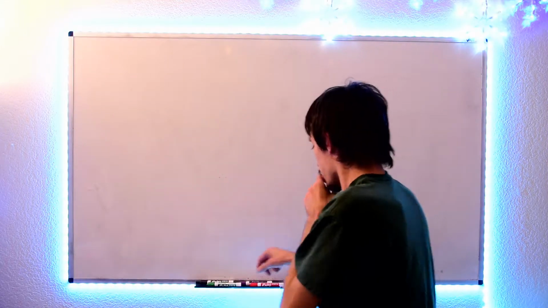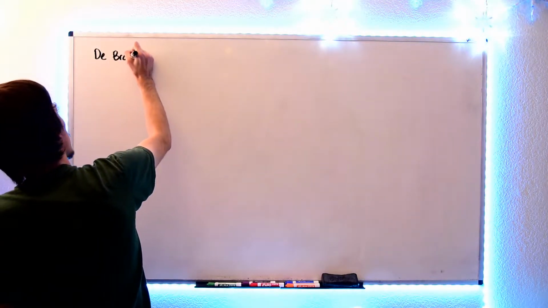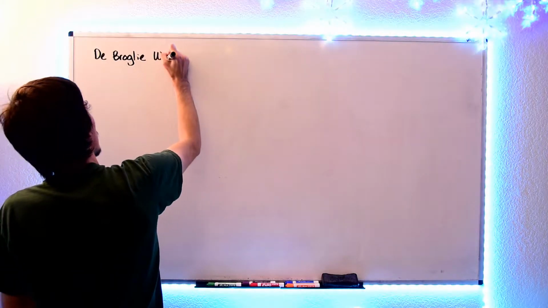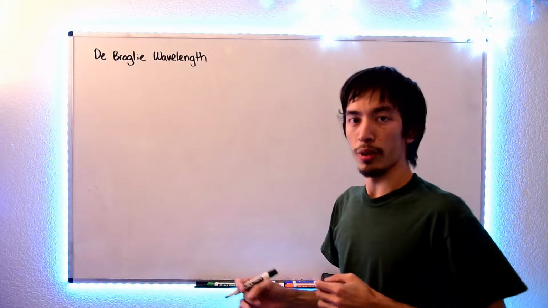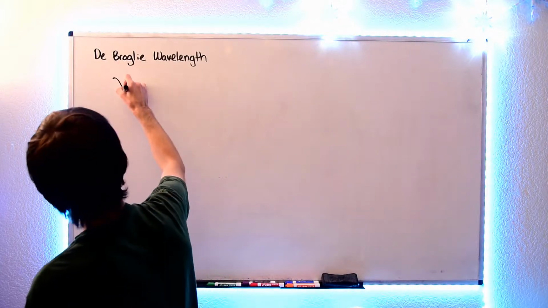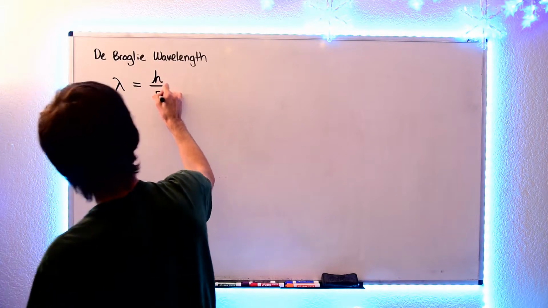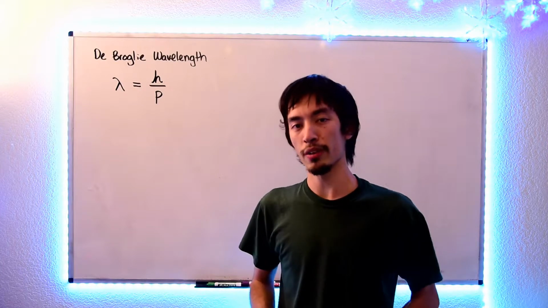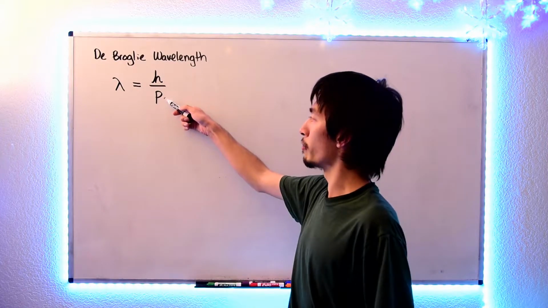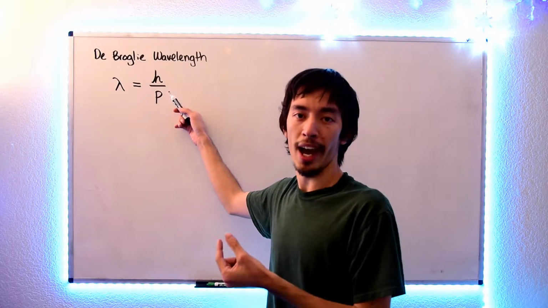Okay. So the de Broglie wavelength has that lambda equals Planck's constant divided by the momentum. Now, depending on what's covered in the class, this momentum could be put into 2 categories.